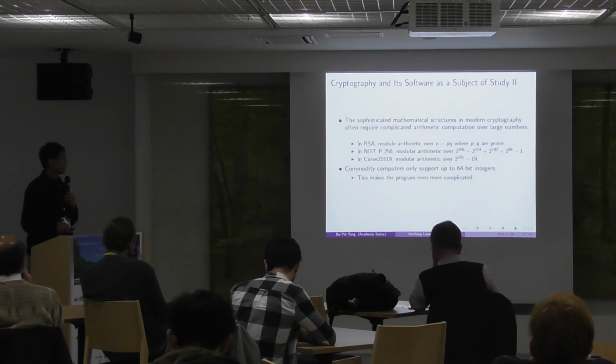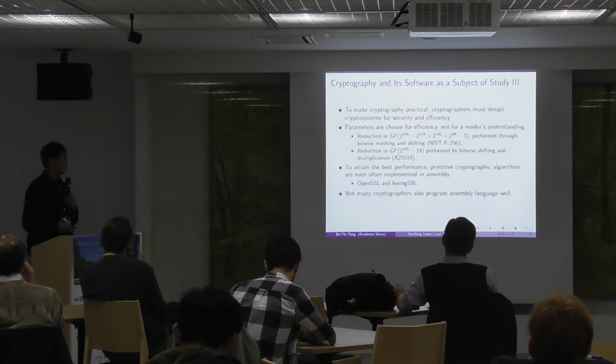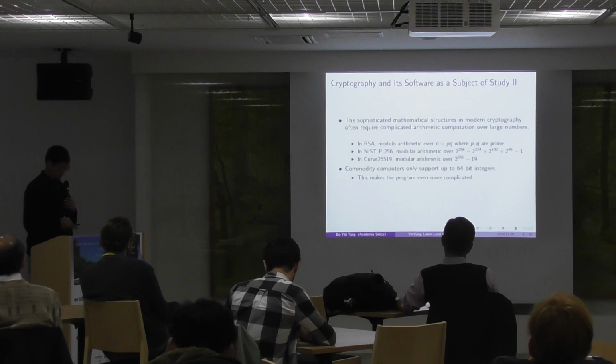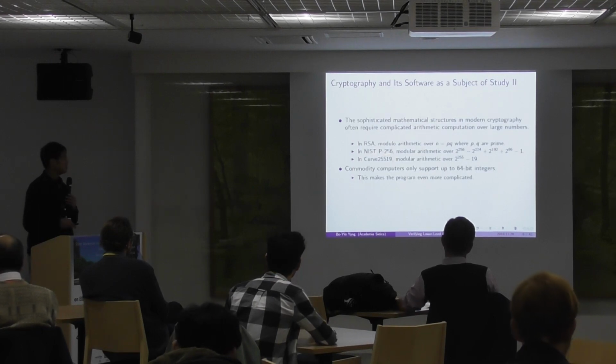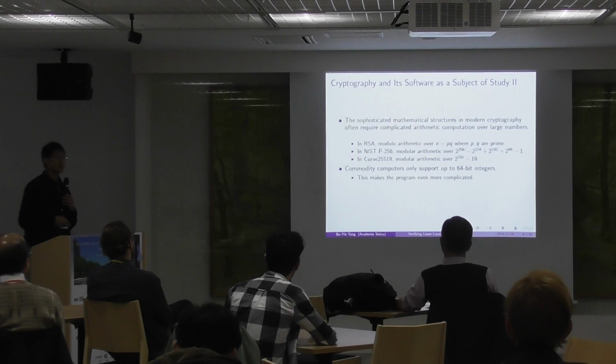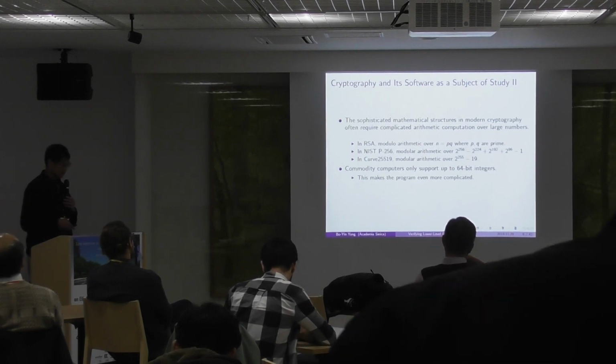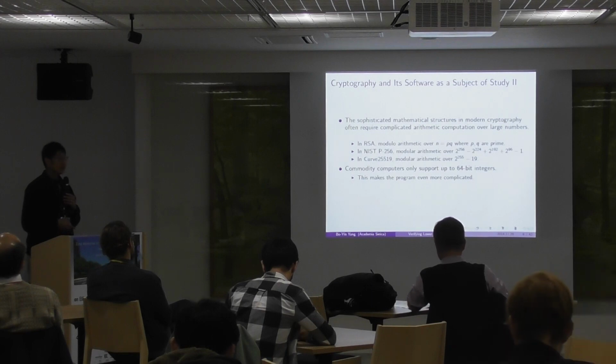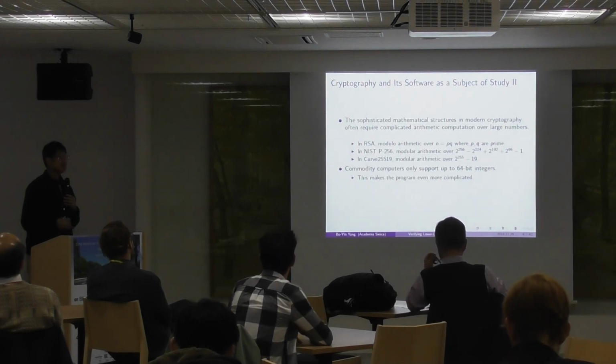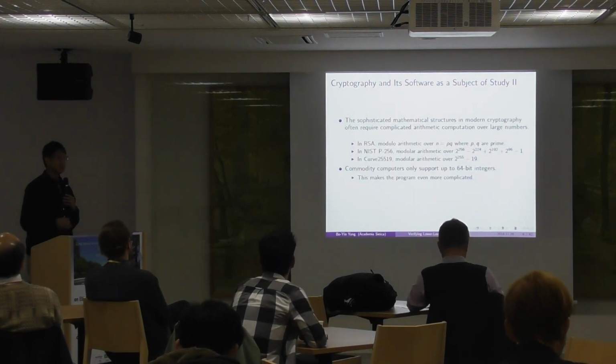There is a very large modulus in RSA, and in P256 and Curve25519, which must be the two most commonly used curves in ECC, there's a large field. And our instruction set only supports 64-bit integers, so this makes everything more complicated.